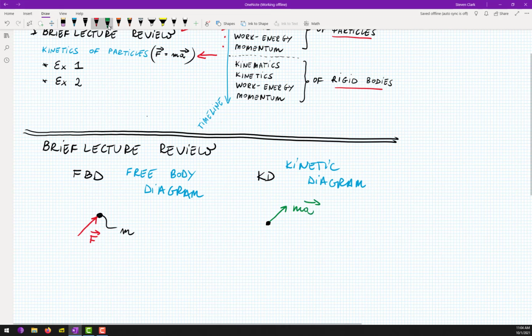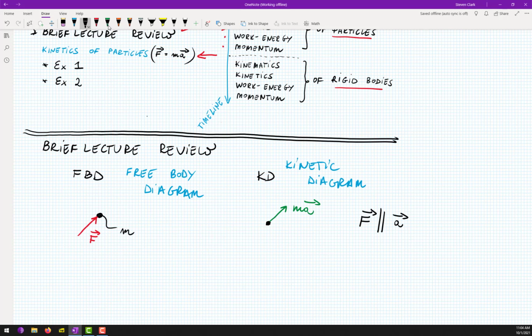By the way, that particle will accelerate exactly in the direction of the force. F and a are parallel. In this part of the semester, F and a are parallel. That's the lecture review, and we are going to use this to solve our 2 examples.